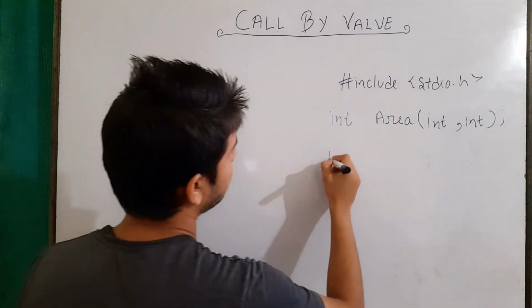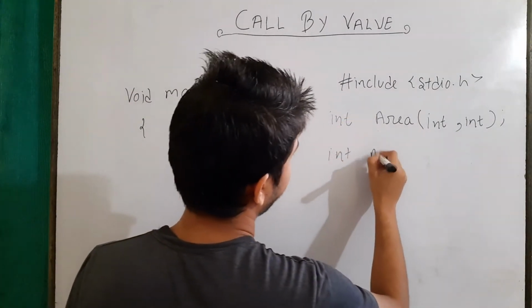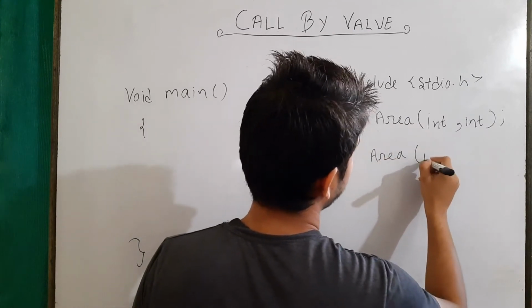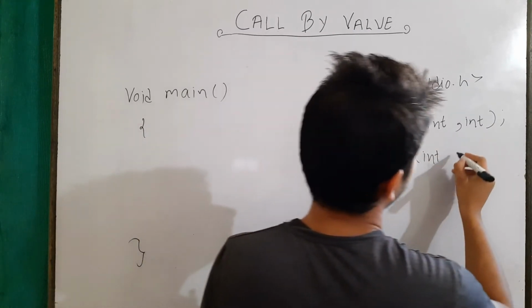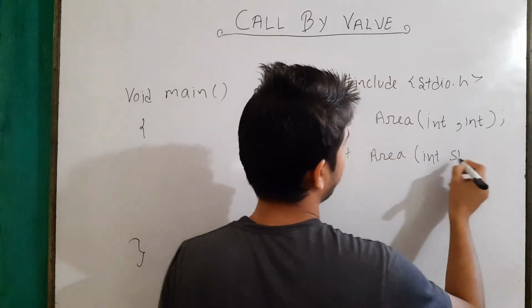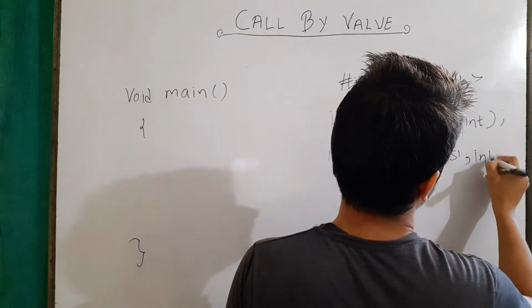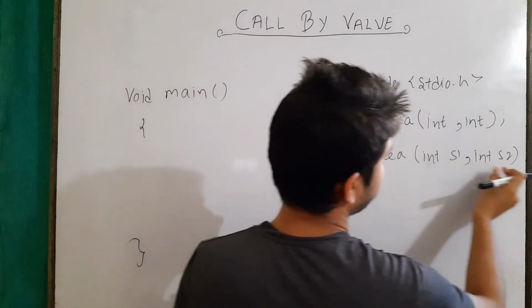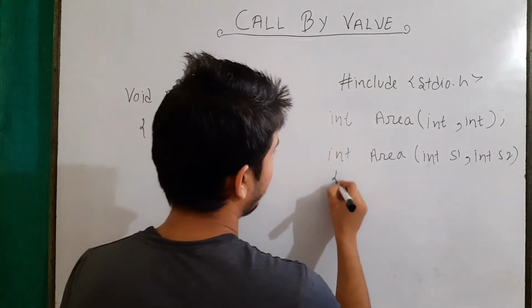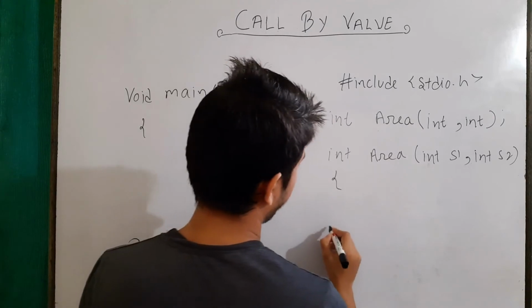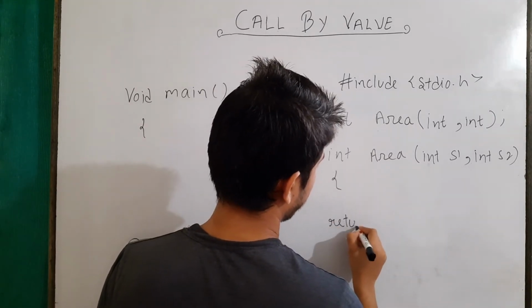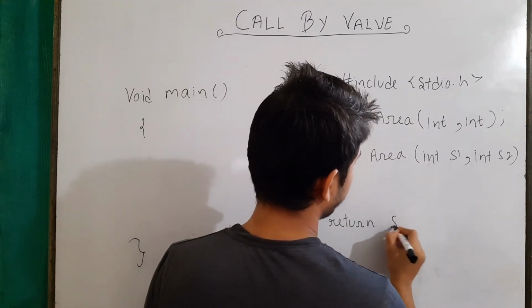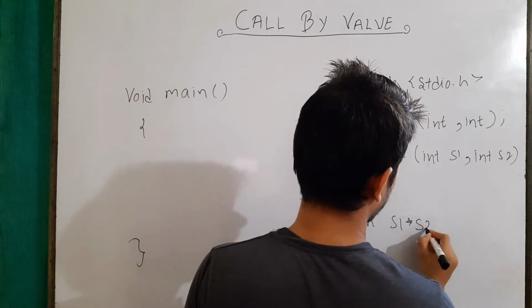Then in its body we will write int area. Let's say the variable name of the first variable is s1 and then s2, for the first side and second side. Then it will return s1 asterisk s2.